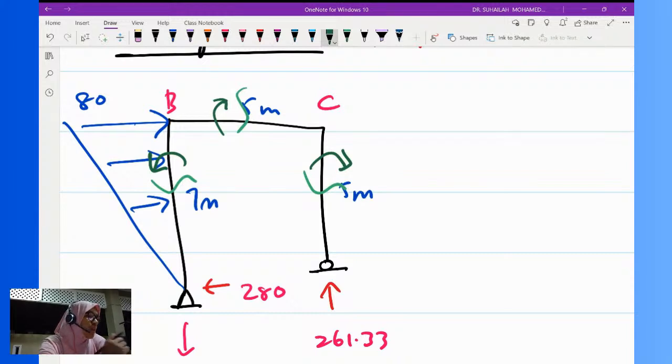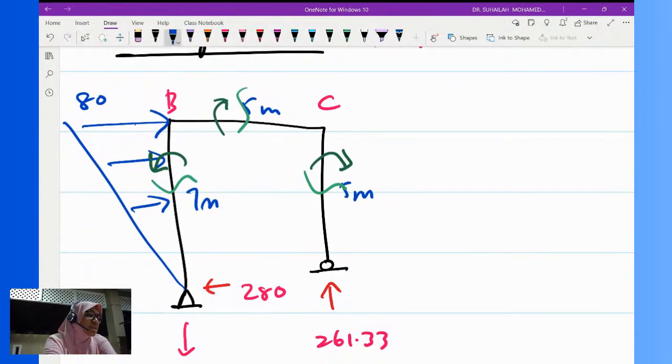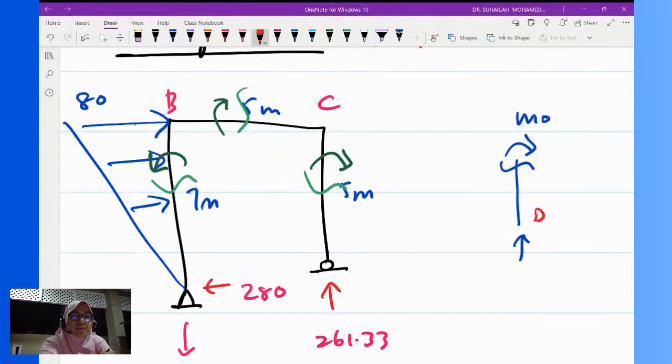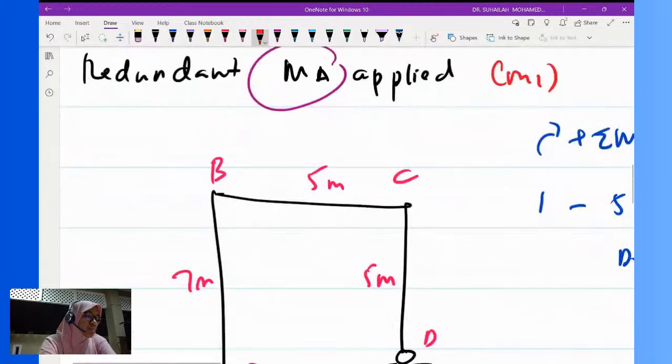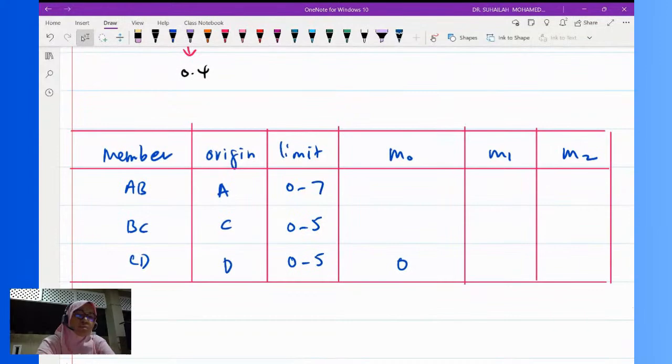For member CD, this is M naught, this is D, so the moment is 0. We put 0 here.